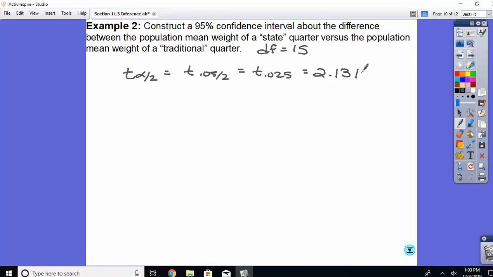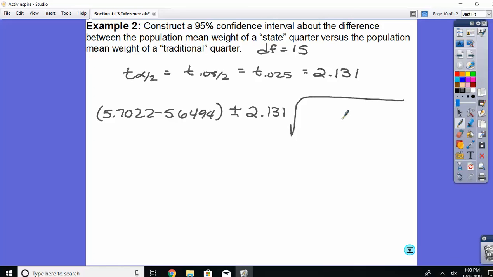And now between this and the last problem, we have everything we need to plug into our formula. So it is the x bar of the first minus the second, so 5.7022 minus 5.6494, plus and minus the 2.131 times the square root of the standard deviation of the first squared over n of the first, so this is really kind of like our t statistic. 0.049.